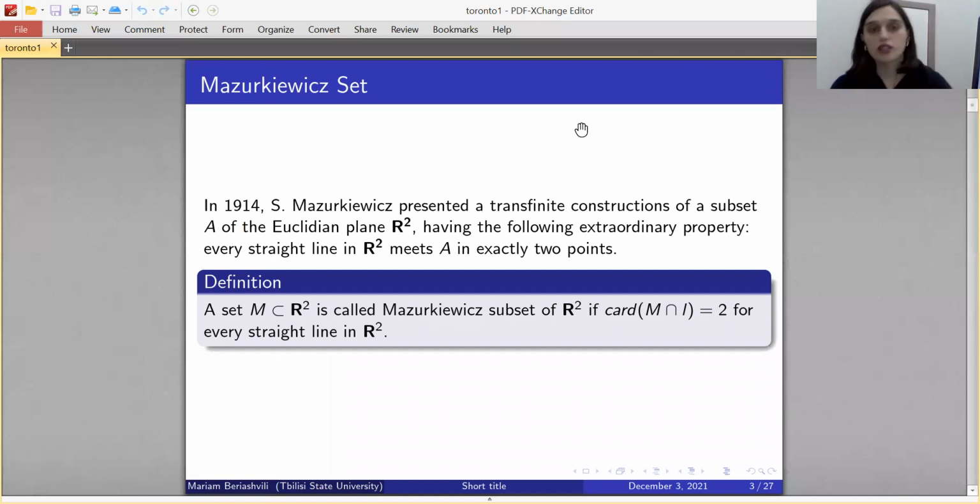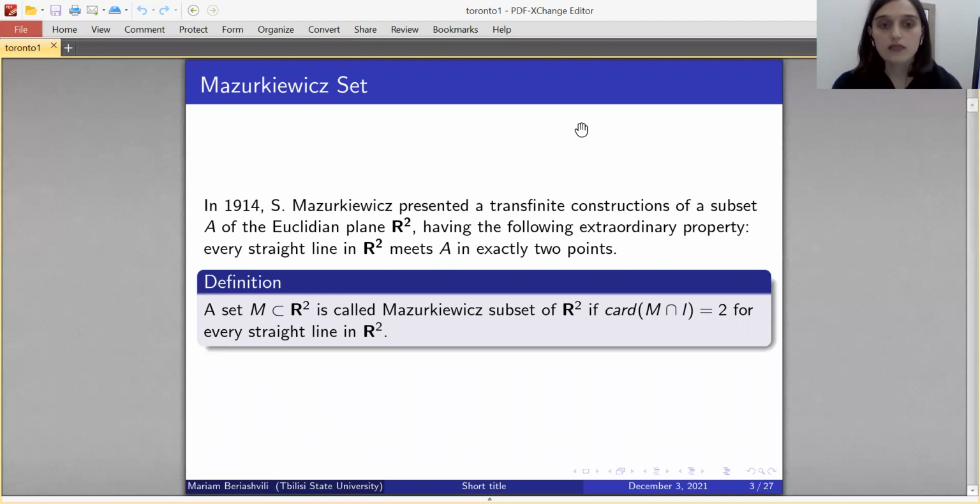What about the Mazurkiewicz set? In 1914, Mazurkiewicz presented the transfinite construction of a subset of the Euclidean plane, which is now called the Mazurkiewicz set or 2-point set. How can we define it?